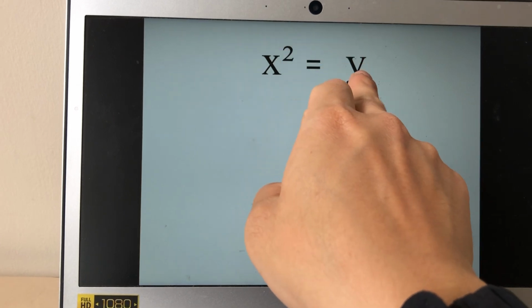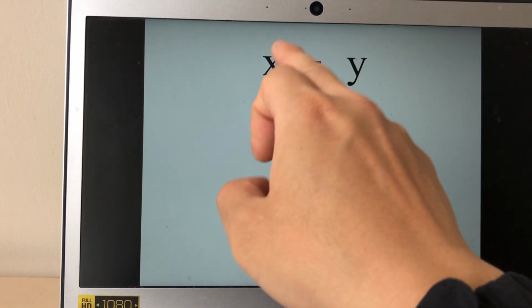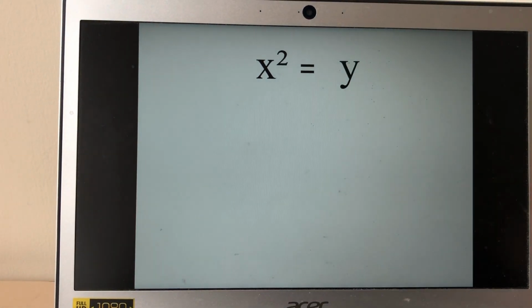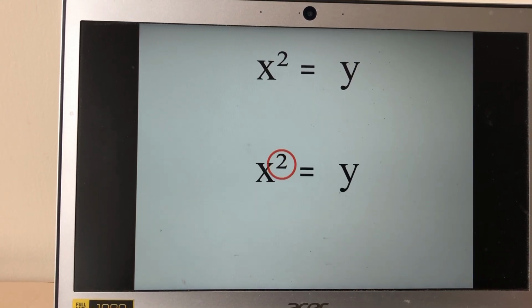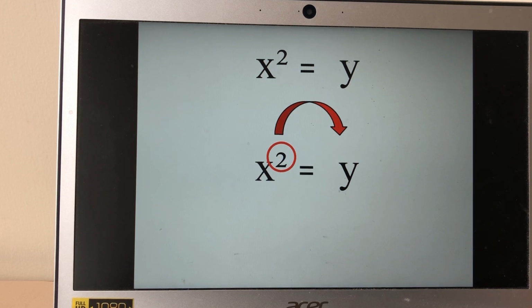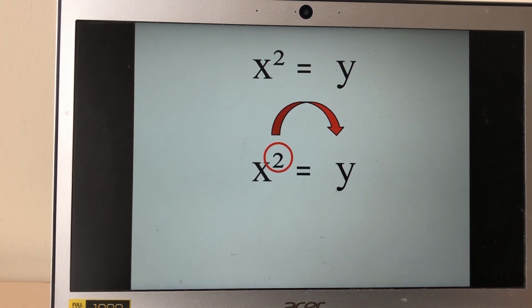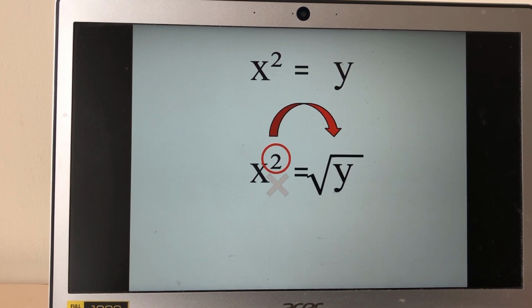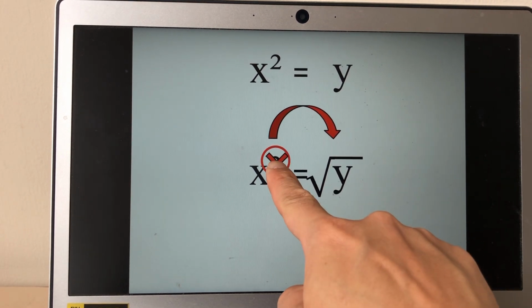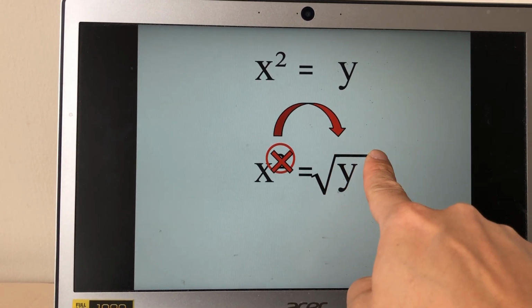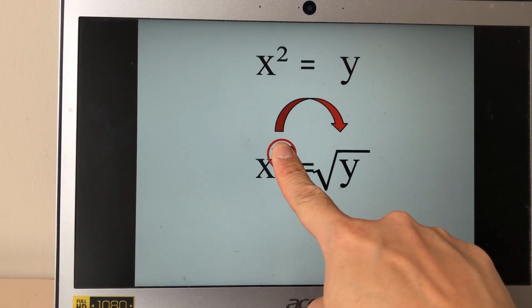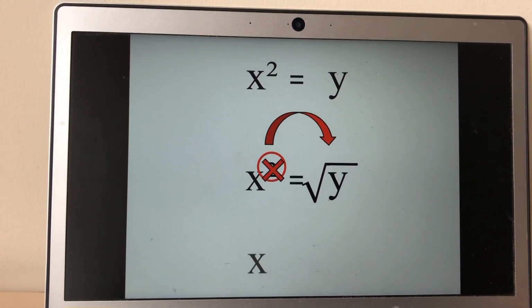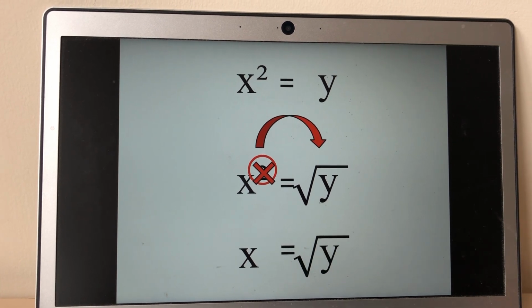But when you move the square to the other side, it becomes something totally different. It becomes a square root. And since it is already moved, we don't have the square here anymore. Therefore, x will become square root of y.